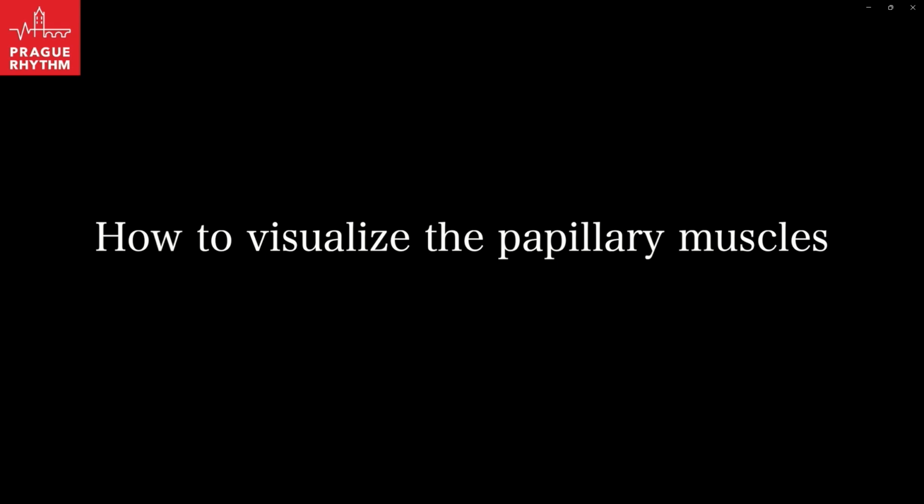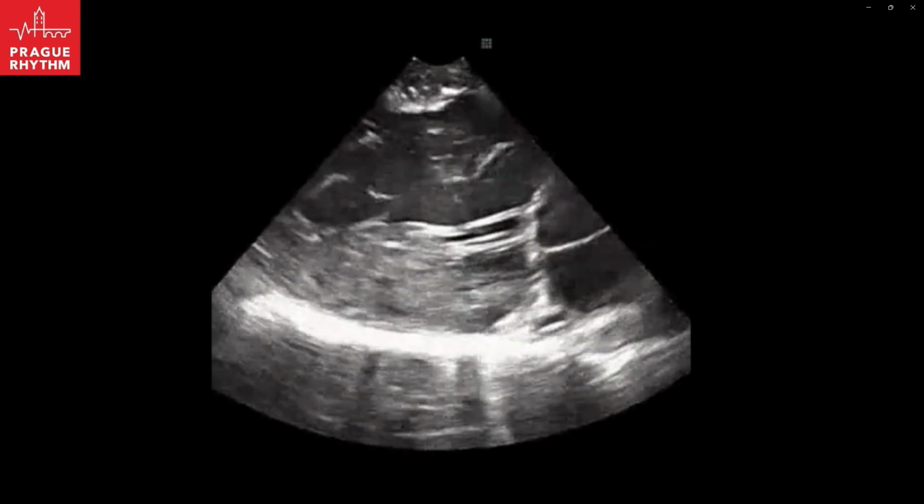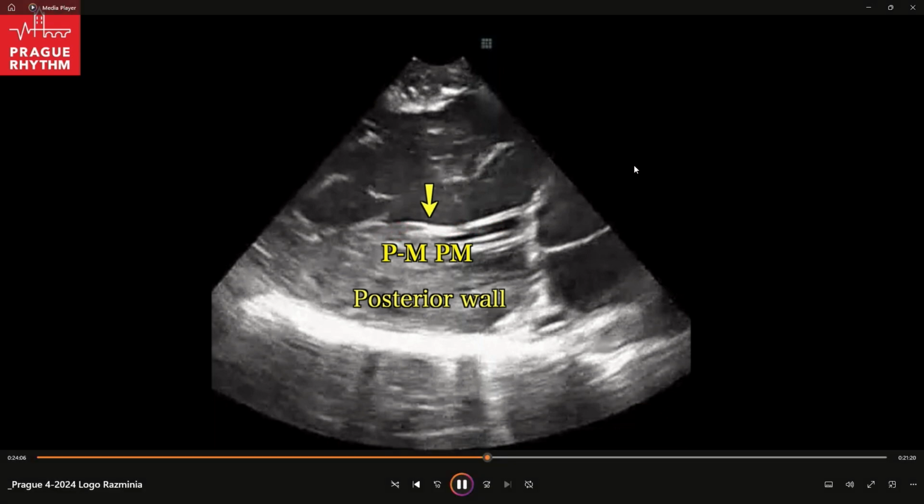But how do I understand which pap muscle is which? Remember, for the posterior medial pap muscle, at the moment you see the septum, you clock it more, you see the posterior medial pap muscle, which is sitting on the posterior wall. So that cannot be the anterolateral pap muscle, because we just haven't clocked it yet.